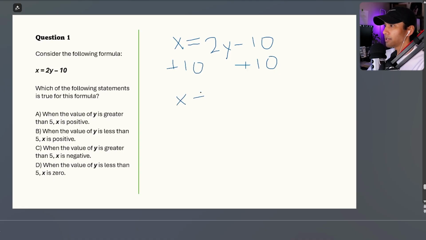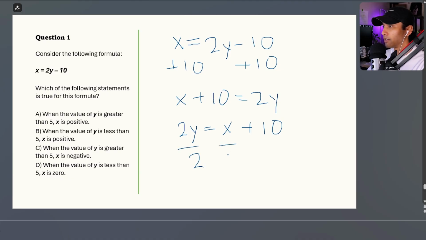X plus 10 equals 2y. We can also rewrite it as 2y equals x plus 10. So we're already there. This is written in slope and intercept form. We can go a step further and do this. Divide everything by 2. And then we have y equals 1/2 x plus 5.